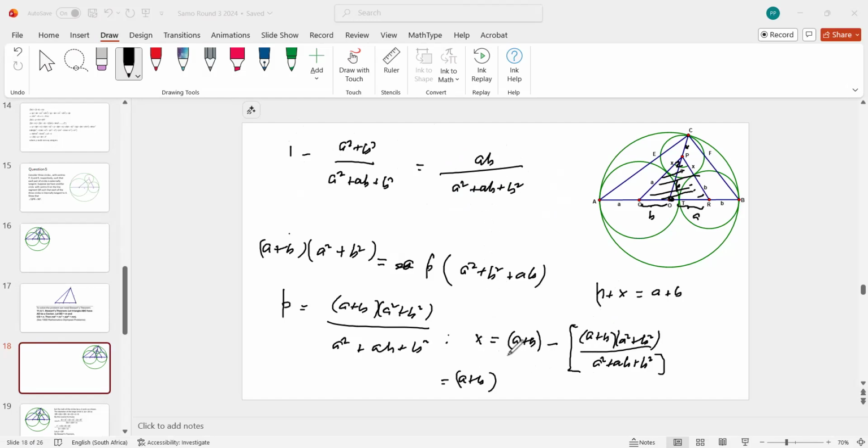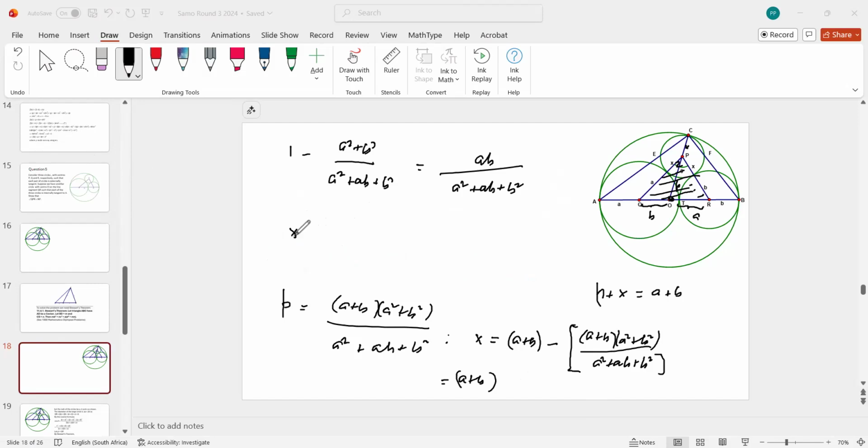So x is actually equal to... an important formula, so I'm not going to hide it at the bottom here somewhere.